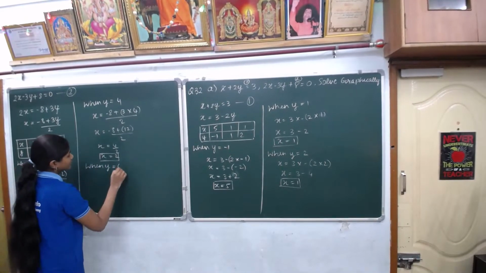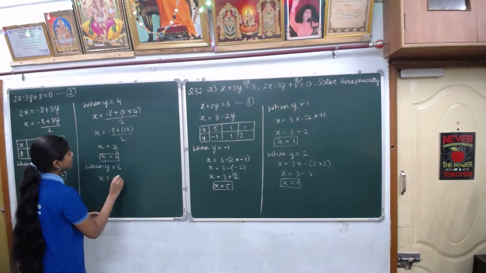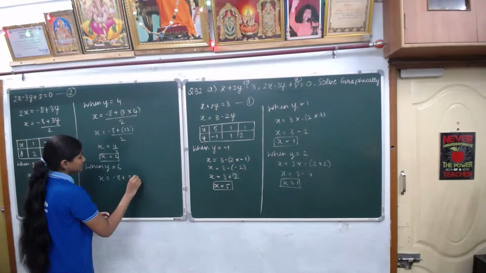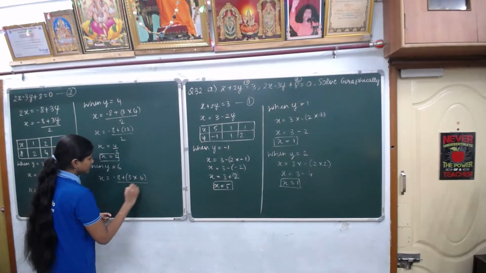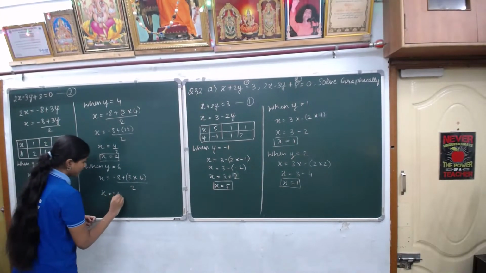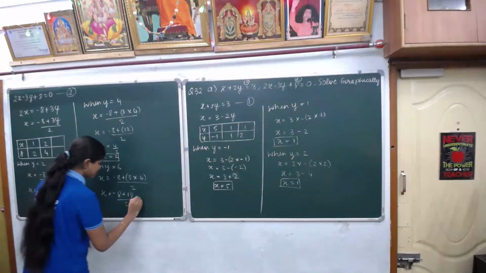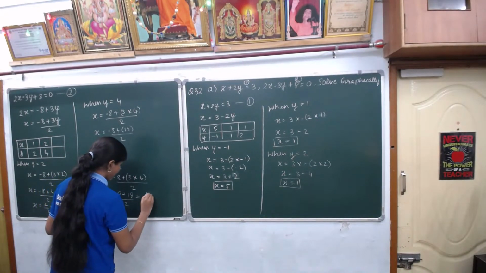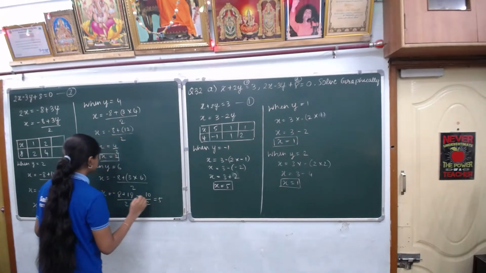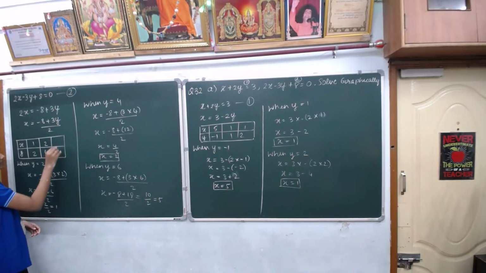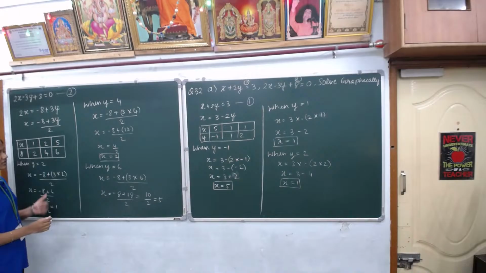When y is equal to 6, x will be minus 8 plus 3 into 6 by 2. So these are the solutions of the second equation.